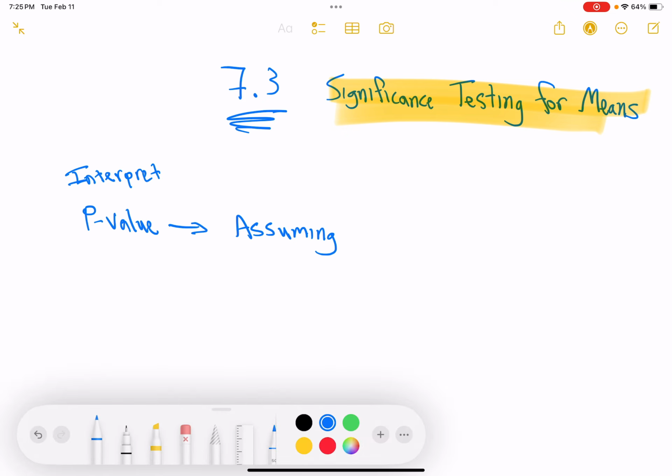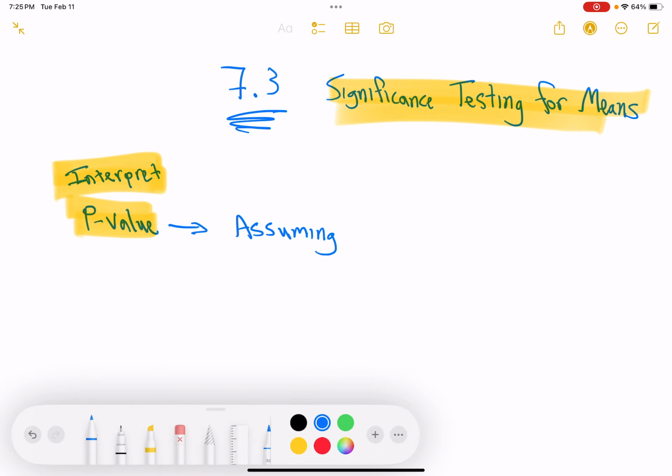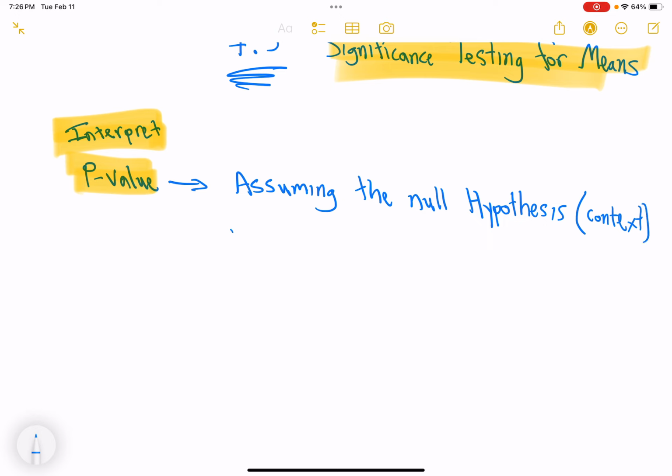This would be like a key set of words to look out for, both on the AP test and on my assessments, right? You would say, assuming the null hypothesis, and then you would state what that null hypothesis is, right? So give me context, is true.